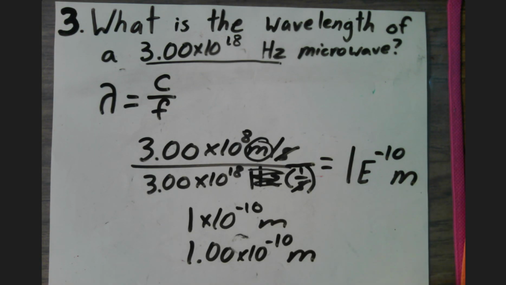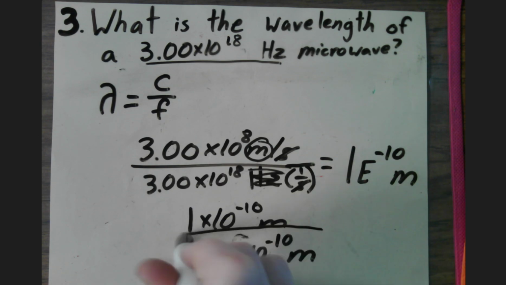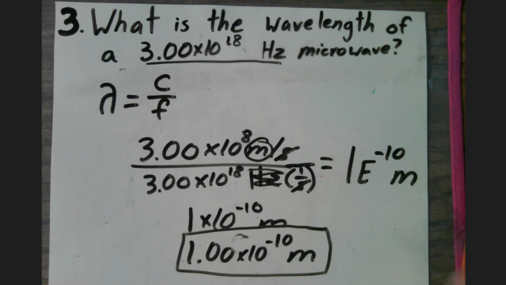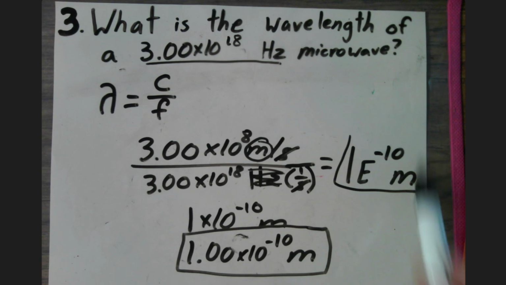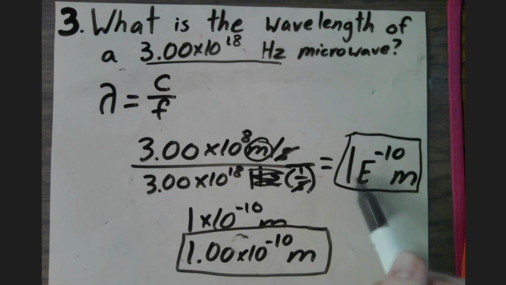For scientific notation, this is the correct way to write it. This is still correct because in your computer, E is just times 10. Either one of these is correct. All right, let's do one more problem.